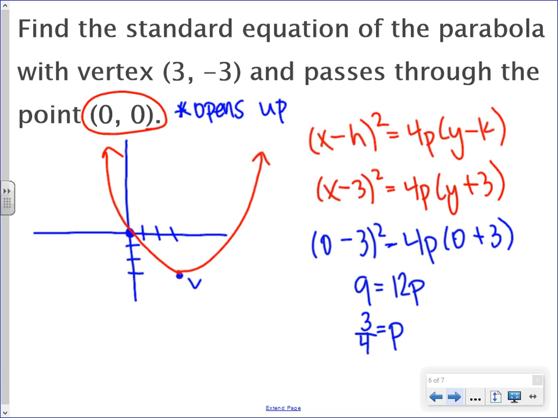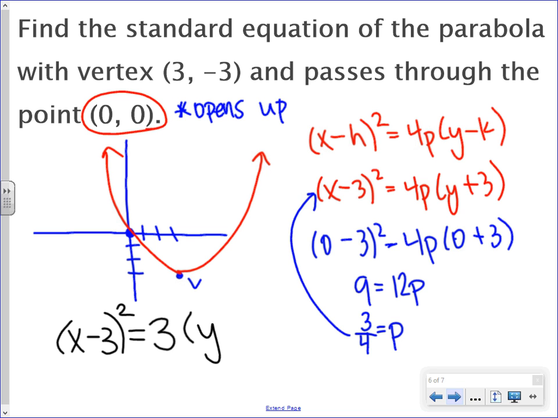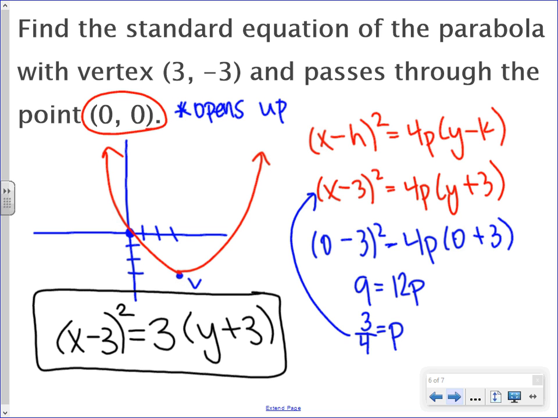Okay. So what we can do is we can take this and we can come back to here. X minus 3, the quantity squared, equals 4 times p would be 3. If we plug p into 4 times p, we're left with 3. 4 times 3/4 would be 3. We're okay there?